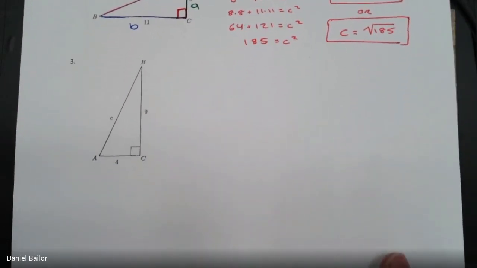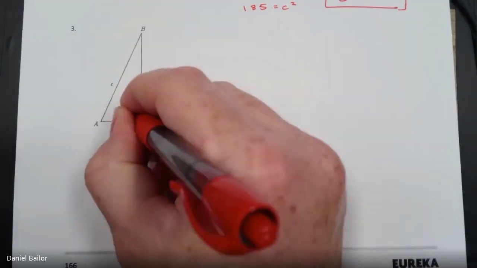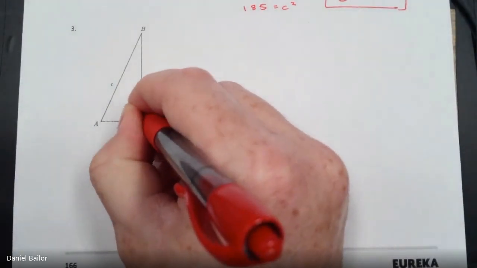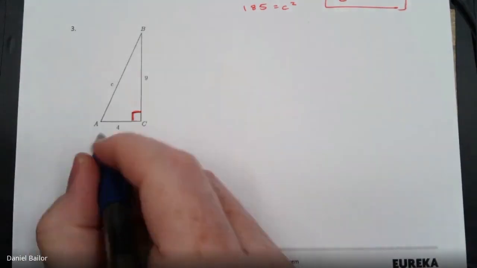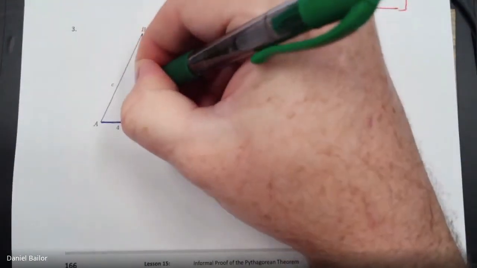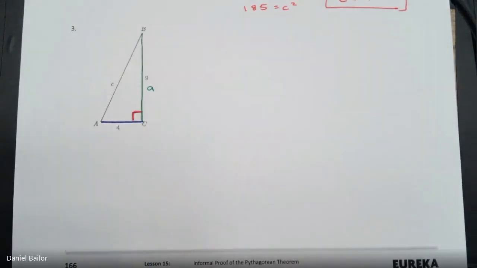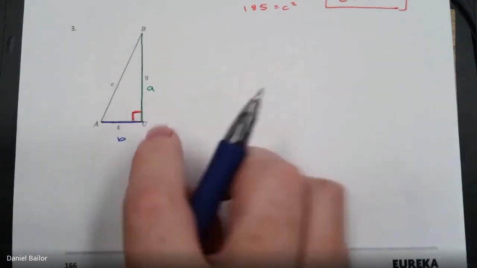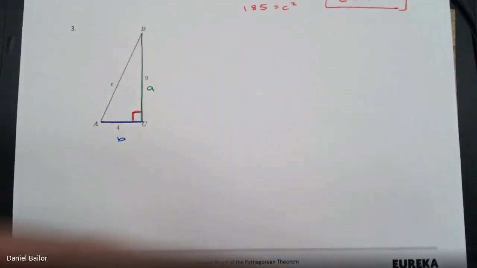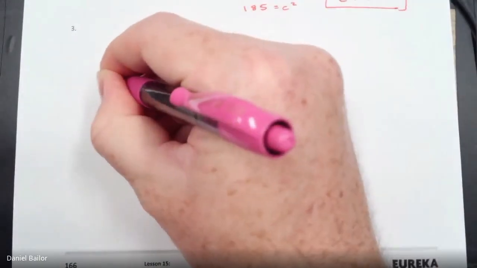Again, always find your right angle, because the right angle is going to help you find the legs. There's the right angle. So I know that the legs have to be connected to the right angle. So leg A and leg B are connected at the right angle. And hypotenuse C is opposite the right angle.